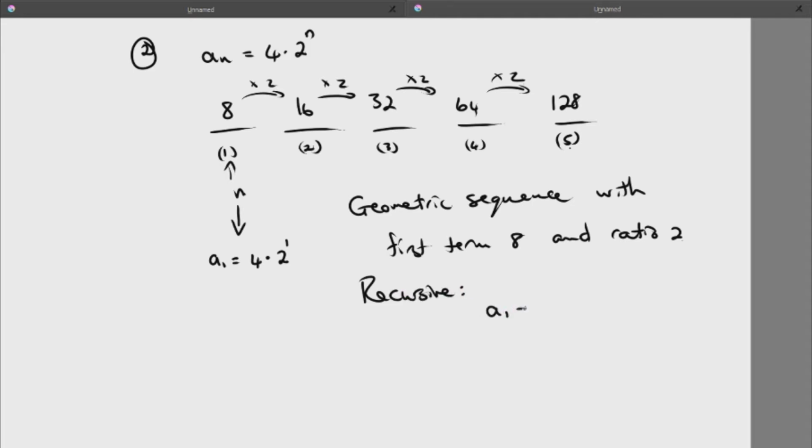That starts with telling me what the first term is, 8, and then telling me how to get the term in position n: take the previous one and multiply it by 2. Together, that is the recursive formula.